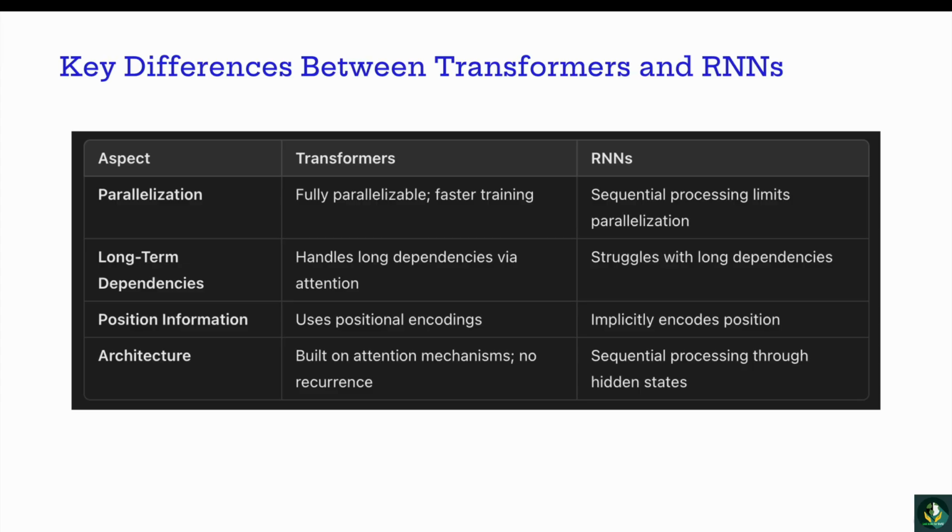For position information, transformers use positional encodings and RNNs implicitly encode position. For architecture, transformers are built on attention mechanisms, so no recurrence, whereas RNNs have sequential processing through hidden states.